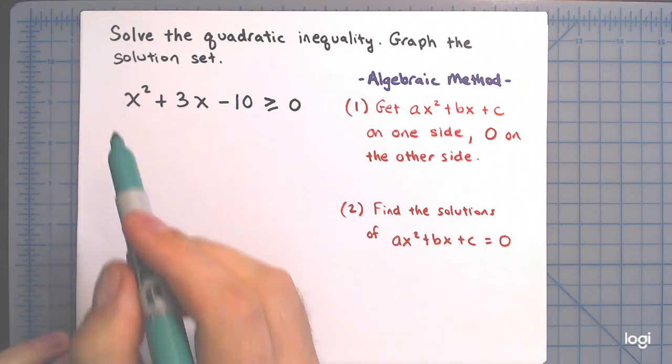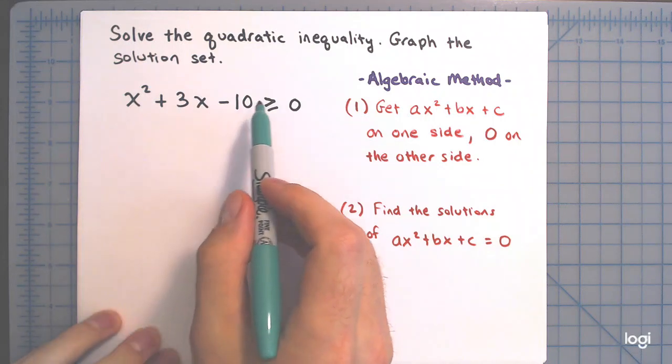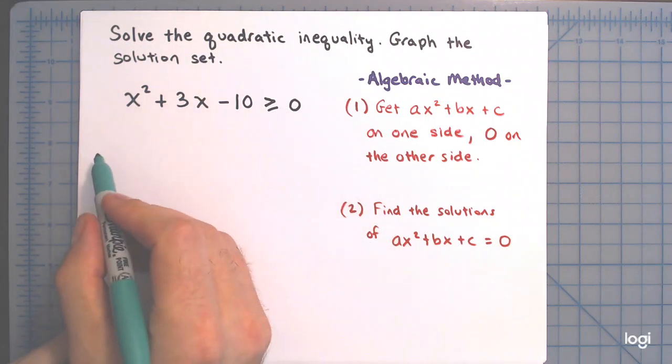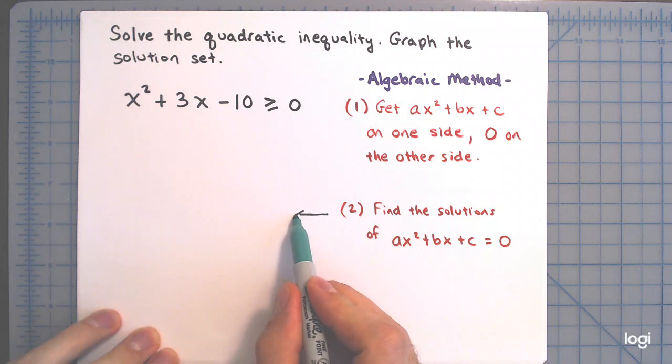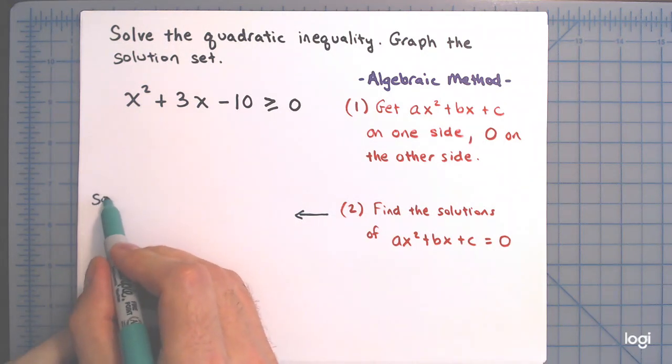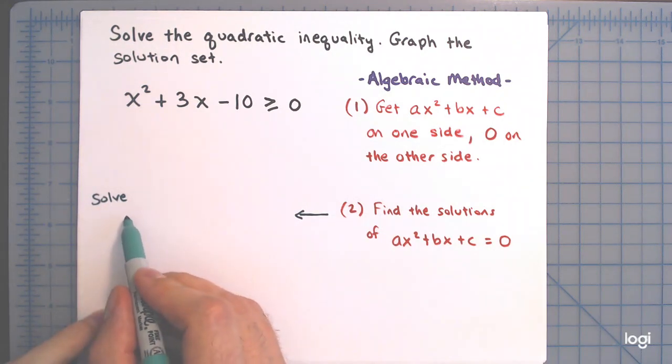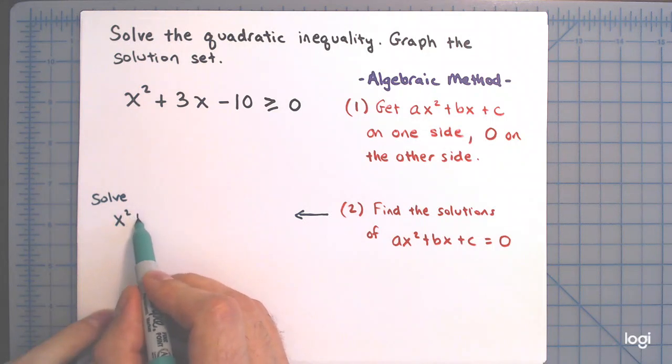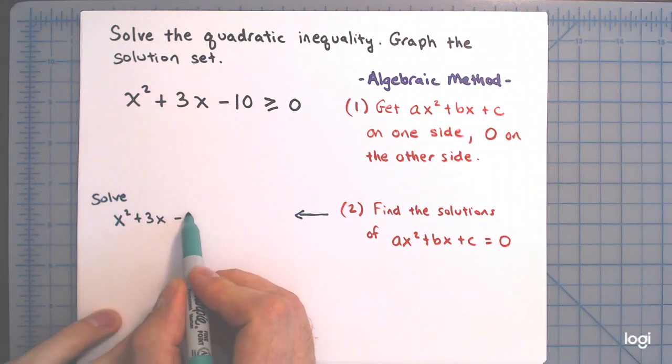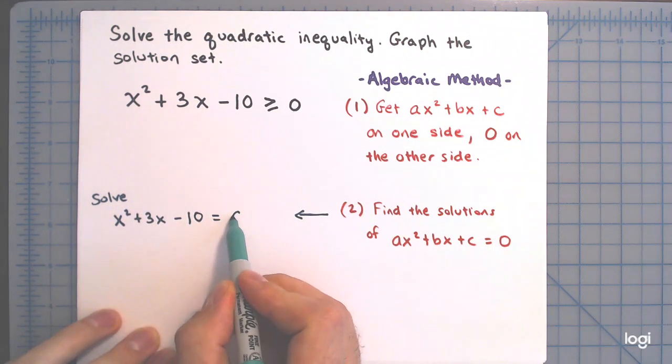So we have x squared plus 3x minus 10 is greater than or equal to 0. For step 2, I'm going to solve the quadratic equation x squared plus 3x minus 10 equals 0.